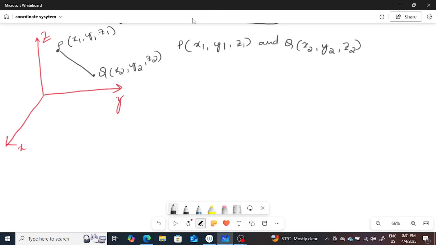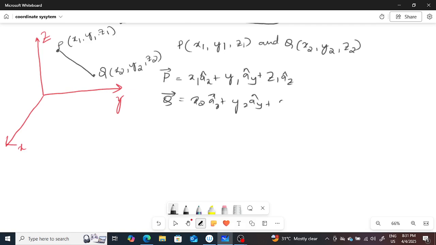So how will you write any vector? As I have already told, the P vector is equal to x1 ax plus y1 ay plus z1 az, and the Q vector is x2 ax plus y2 ay plus z2 az.